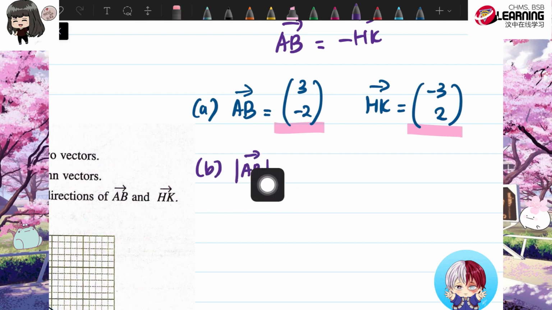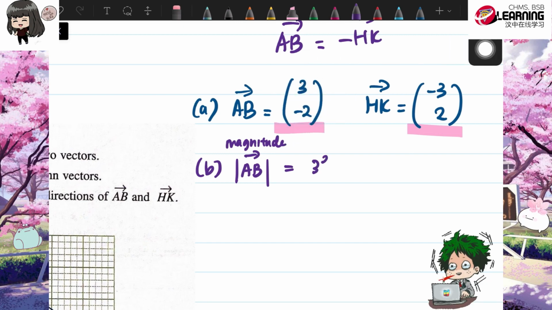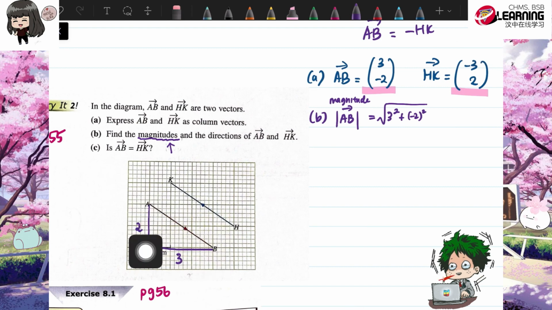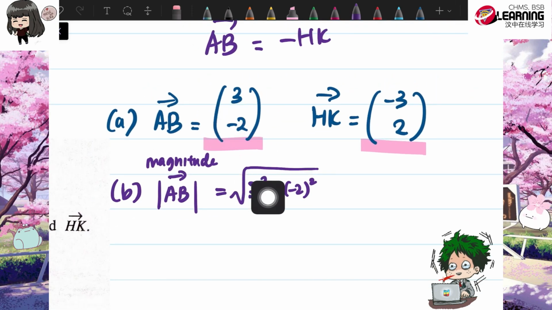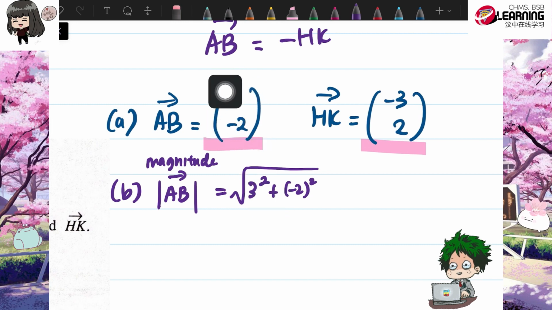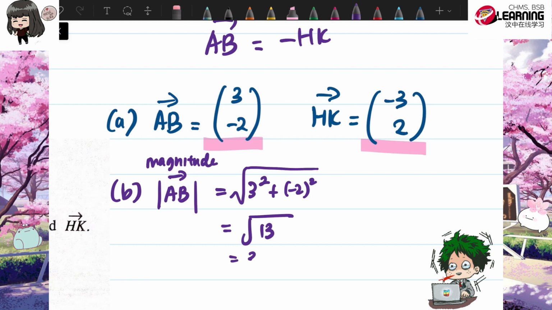This kind of bracket we call modulus, which means magnitude, or we can call that distance. The formula is x squared plus y squared, and then square root. So 3 squared plus negative 2 squared, and then square root. It's the same as 3 squared plus 2 squared, square root. If you're not given any diagram and you're only given the vector, you just use x squared plus y squared and then square root. So this will become square root of 13, which is 3.61 units.